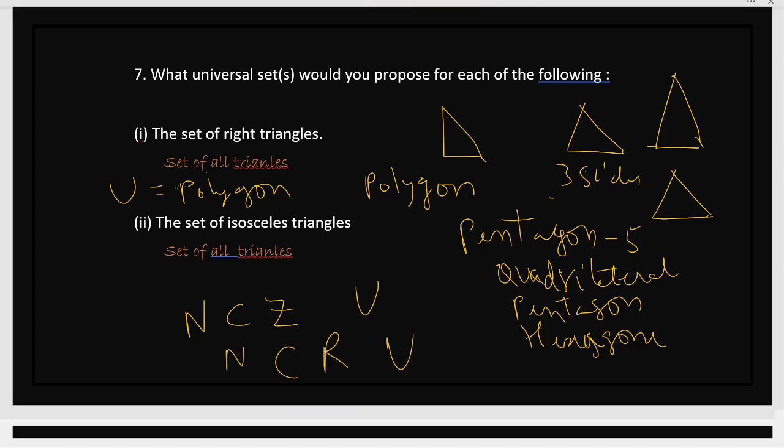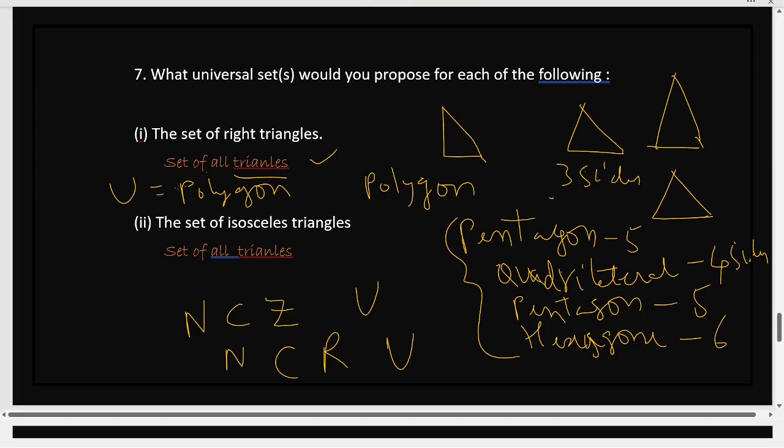The set of triangles belongs to the family of polygons. So another universal set for this set of triangles is polygon. So that way you have got more than one answer for the first universal set. Similarly, for the set of isosceles triangles, here also the set of all triangles is the universal set. Also the polygon is another universal set.